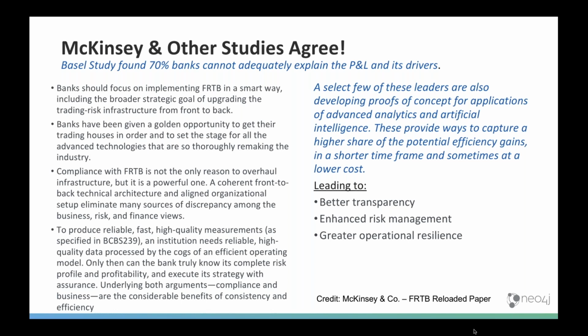Banks, McKinsey essentially in their FRTB Reloaded paper is talking about banks focusing on implementing FRTB in a smart way, including that broader strategic goal of upgrading the infrastructure around risk management, not only in the front office but also in the back office, and integrating that across the board, so that you don't have different systems for compliance, different systems for risk management, and different systems in each different region, and then having some other way to integrate all of this data together.